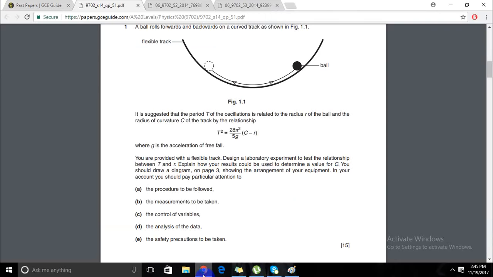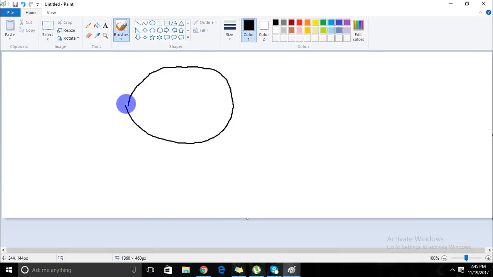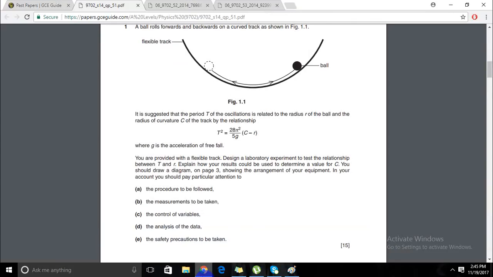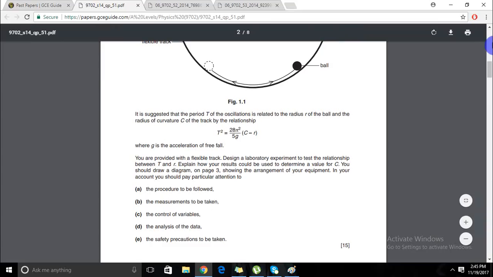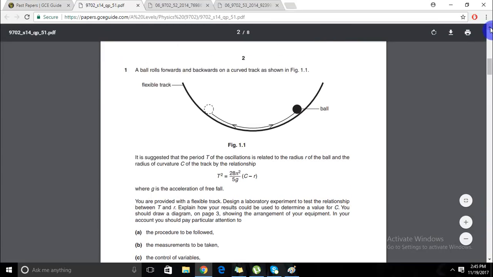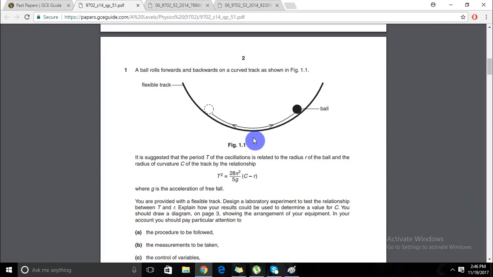So basically, if you were to draw a line over here, this distance would be the radius, and therefore to measure it, we could simply measure the distance between the two ends of the flexible track and divide it by 2, because this and this will be equal, and this is a property of a circle.